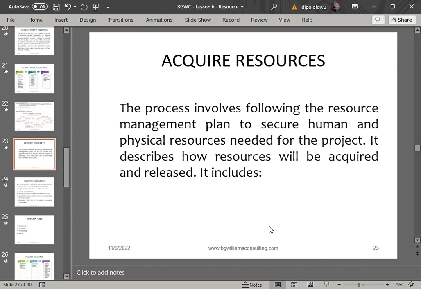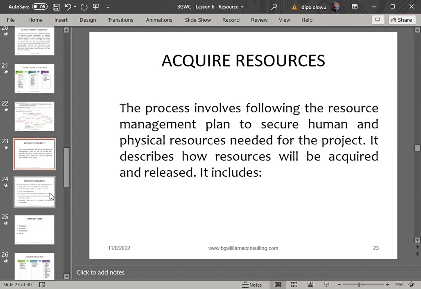You could be acquiring the physical resources, which are the machines or materials needed, or you are acquiring the human resources. So acquire resources is that process that actually involves the project manager securing or bringing aboard all the resources they planned to get. That is what acquire resources is, as simple as it sounds.